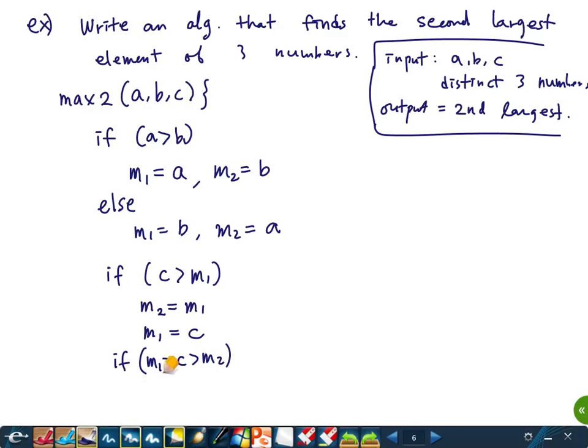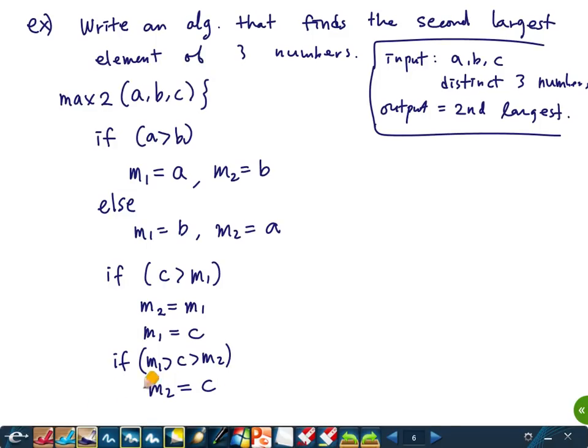M1 is still the biggest one, and M2 must be updated, because C is bigger than M2. So now we update M2 using C. All right?